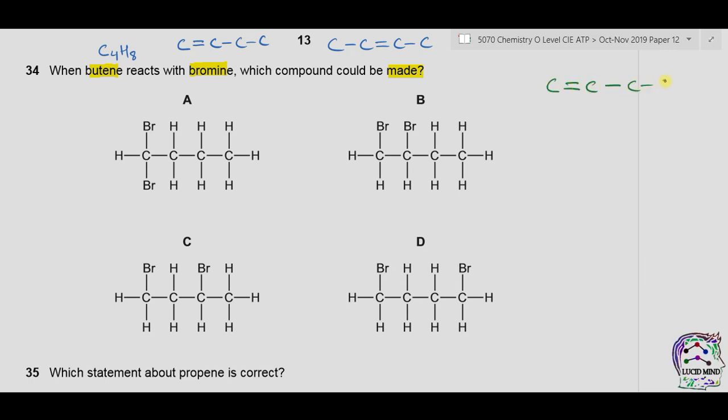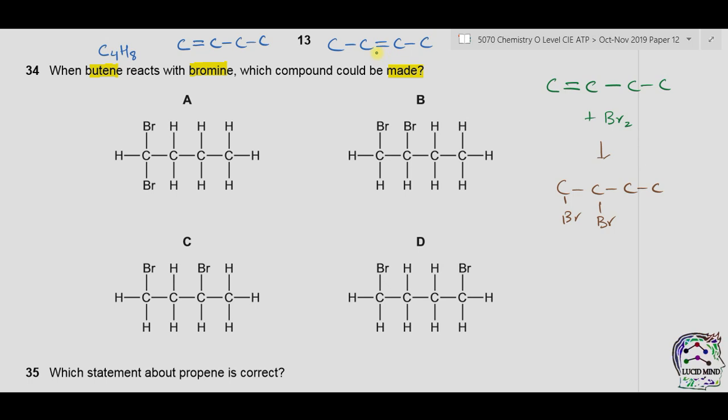When the double bond is between first and second, bromine is added in such a way that one bromine atom attaches to the first carbon atom while the second bromine attaches to the second double bonded carbon atom. The product formed will be like this. The double bond is converted into a single bond and we have 2 bromine atoms attached.